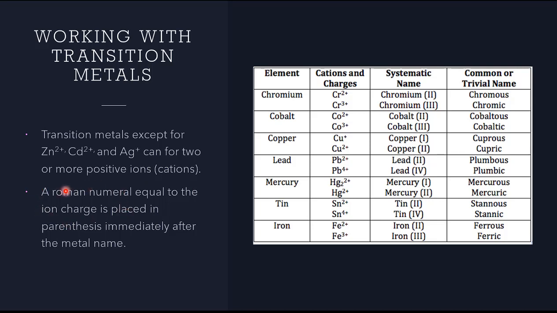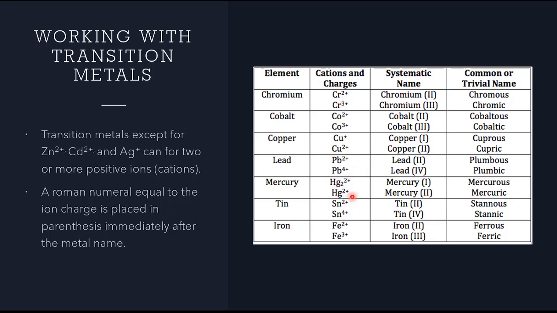Typically, we use a Roman numeral that is equal to the ion charge in parentheses after the metal's name in order to help signify which cation is going to be used in the formula. So for example, chromium, we can have chromium 2 or chromium 3 to signify the 2+ or 3+ cations.